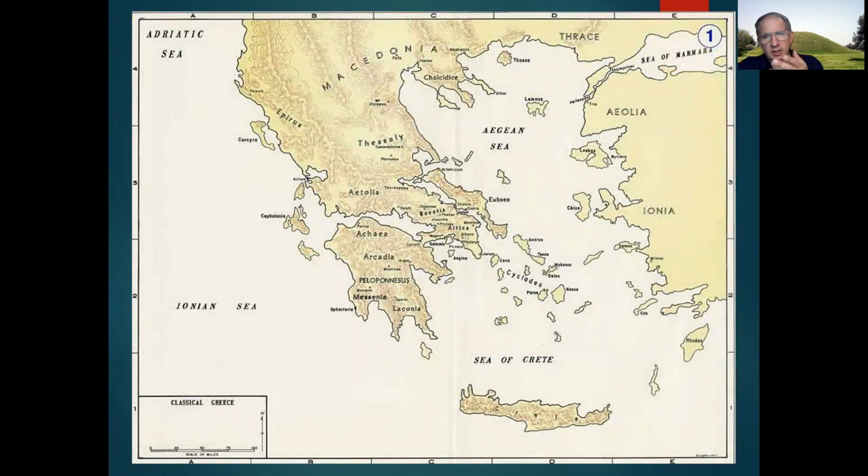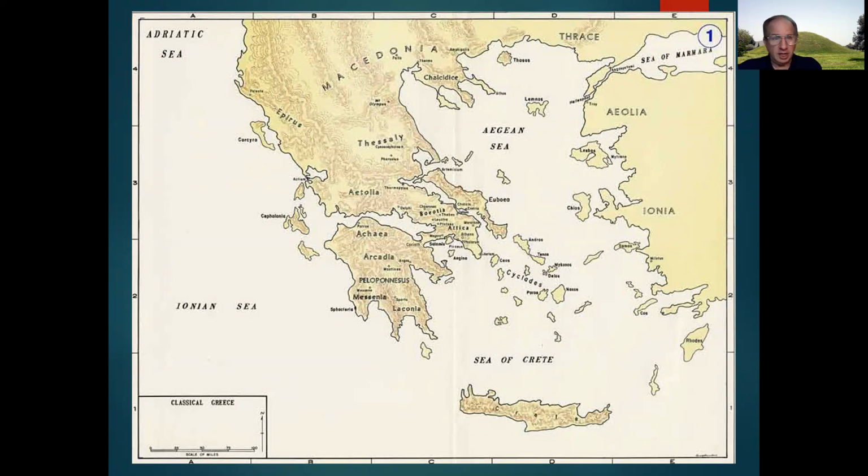Now, this is the region that would become classical Greece. And two geographical factors are key. First, Greece juts out into the Mediterranean Sea and is nearly surrounded by water. It has a shoreline of well over 8,000 miles, so that maritime traffic protected by navies was imperative.